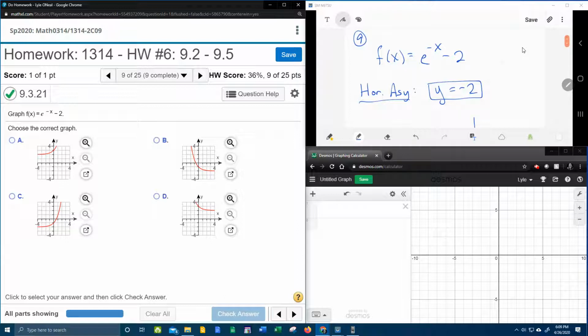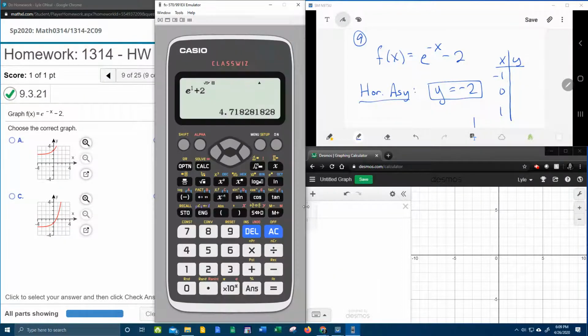The next thing I need to do is generate a table of values so that I have some points to plot. Now I'm going to go with -1, 0, and 1. Those are usually good points to start with. And then we're going to plug them in and see what we get, okay? So using our handy dandy calculator, if we want to do e to the -x minus 2, shift ln gets our e to the.